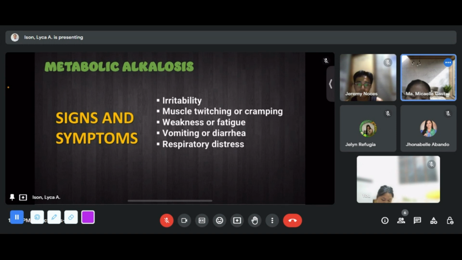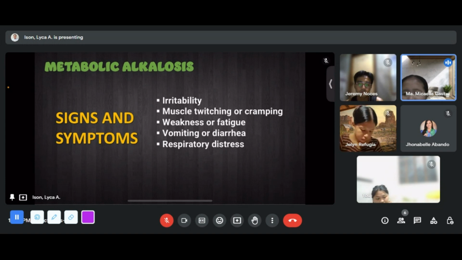Then, cause, sabi dito, yung dehydration and lalo na yung stress. Then, weakness or fatigue, vomiting or diarrhea. And also the respiratory distress. So, yung respiratory distress is a serious lung condition that causes low blood oxygen. So, yung signs ng respiratory distress is fast breathing, fast heart rate, fever.